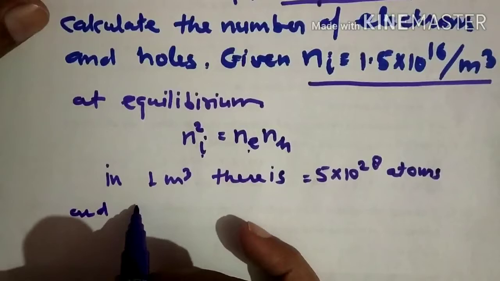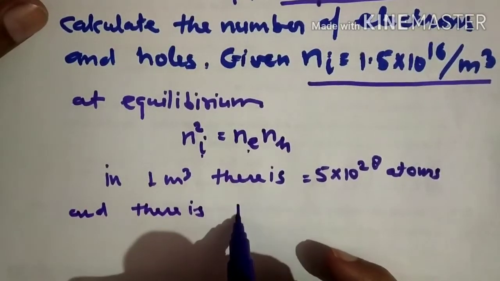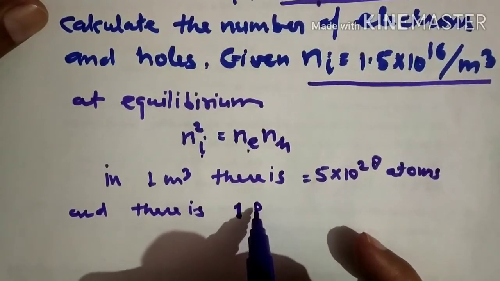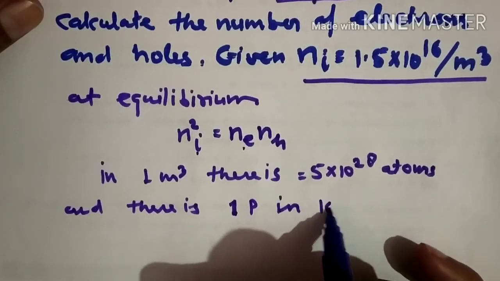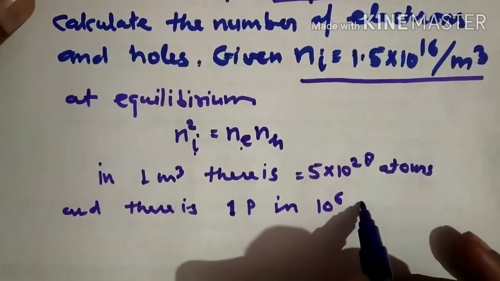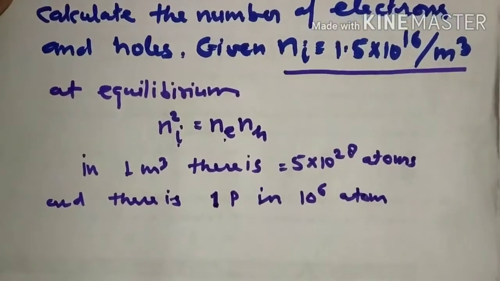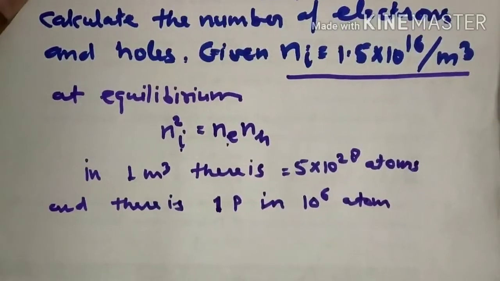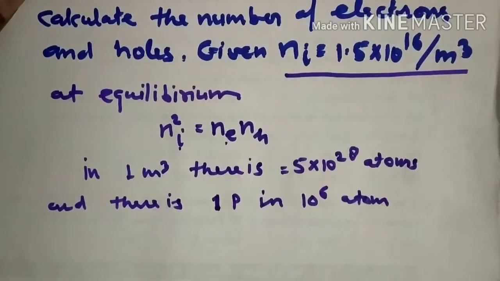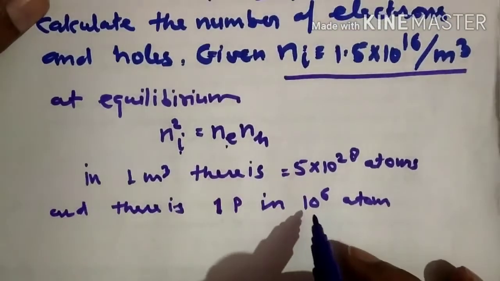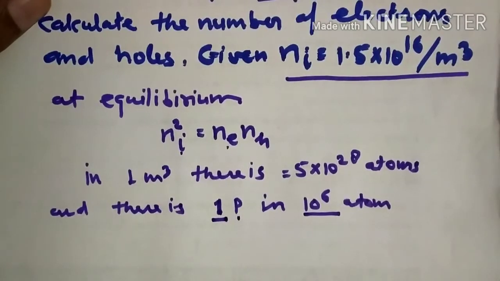There is 1 phosphorus, 1 pentavalent impurity in 10 to the power 6 atoms, meaning 1 ppm, 1 part per million. So in 1 million, there are 10 to the power 6 atoms. Out of 10 to the power 6 atoms, there is only 1 atom of phosphorus.